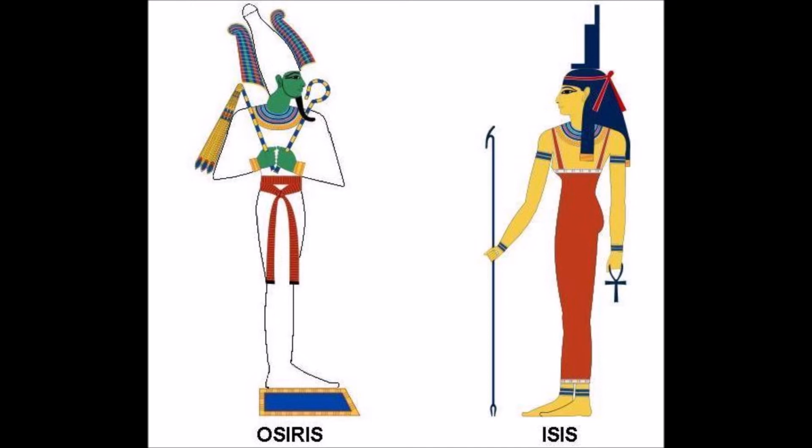But everything from Ancient Egyptian derives from these two characters. Yes, they had parents and parents and so forth, and then they had children, but these are the core of Ancient Egyptian religion and Ancient Egyptian culture, Ancient Egyptian government.